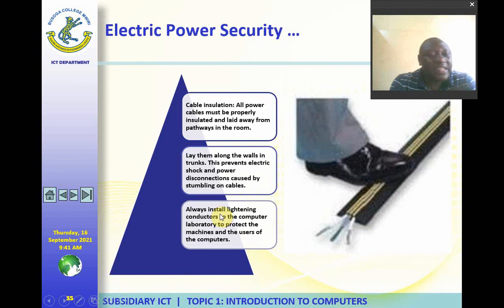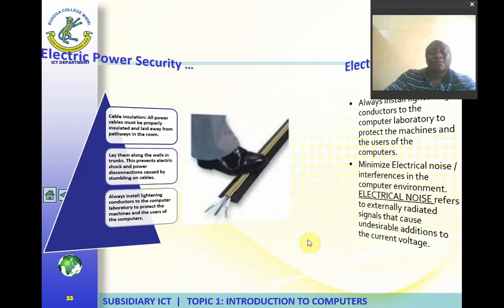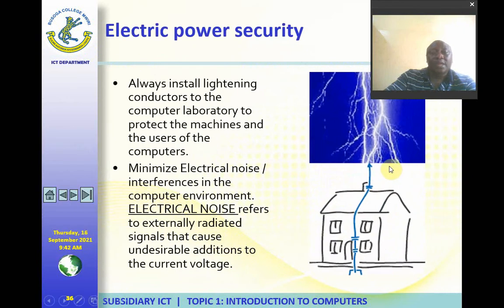Now, always install lightning conductors in the computer laboratory. This will protect the machines and the users of the computers. You can see it moves to the ground, then to the roof, along the wall.